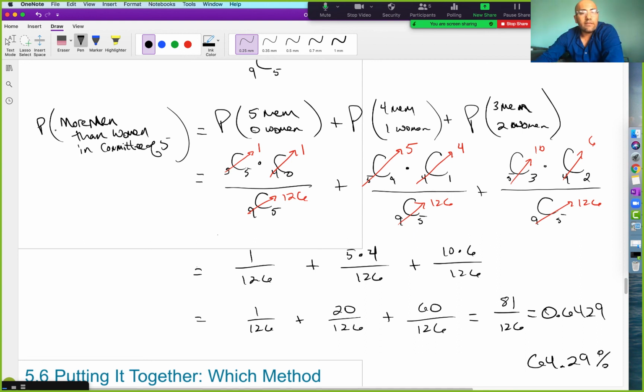Okay, so the probability that there are more men than women on this committee is 64.29%.